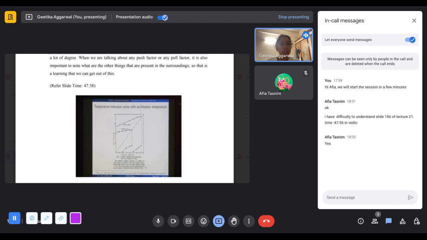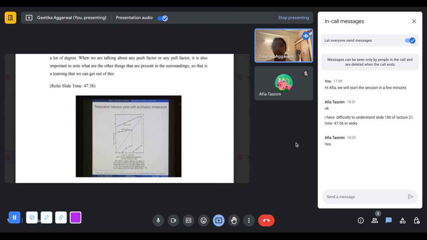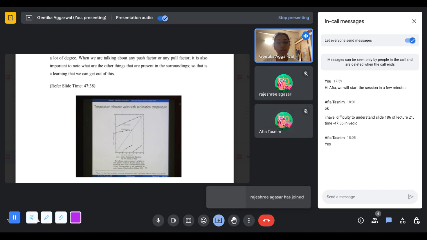Okay, yeah. So in this slide, what he's talking about basically is that if you suddenly increase the temperature of a certain species, say one used to staying at around 20 or 25 degrees Celsius, and you suddenly shoot up the temperature to 35 degrees Celsius, then it will not be able to tolerate that sudden change.